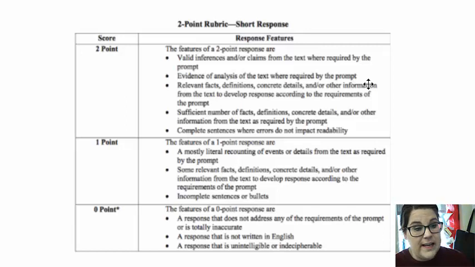Sufficient, that means enough facts, definitions, or concrete details, or other information from the text as required by the prompts, and complete sentences with errors that do not throw off the readability or our understanding.